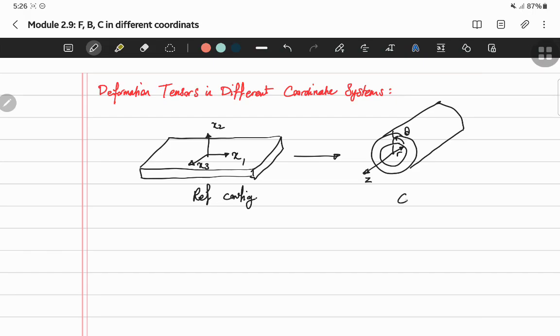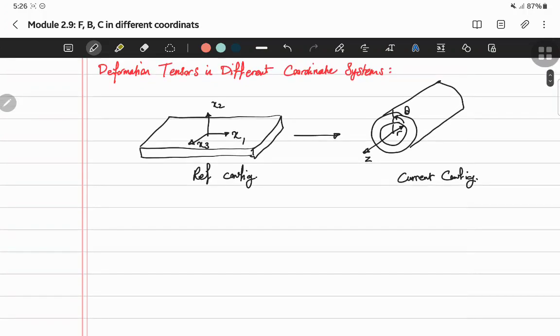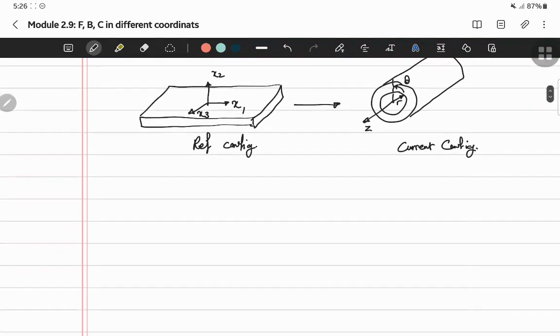So here, your current configuration is basically cylindrical coordinate. Or, for example, you can have cylindrical coordinate in the reference configuration, and you also have cylindrical coordinate in the current configuration.